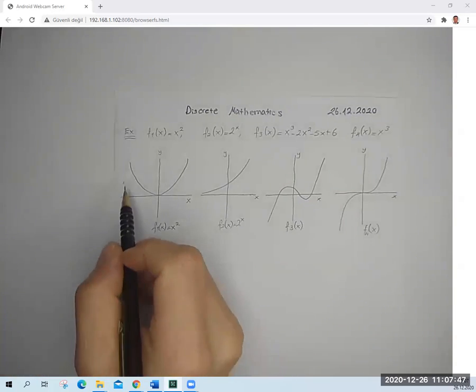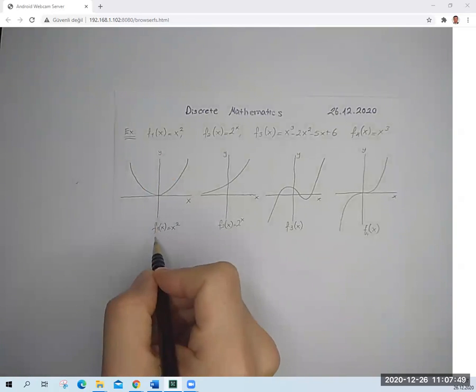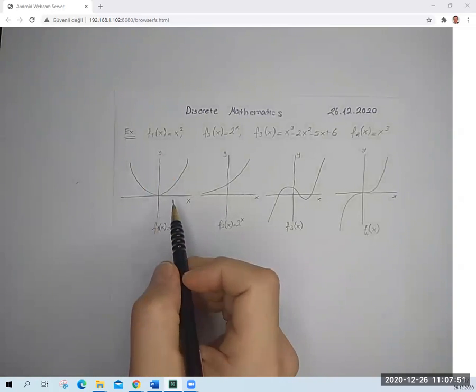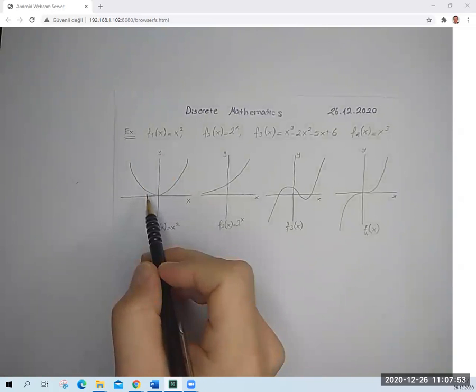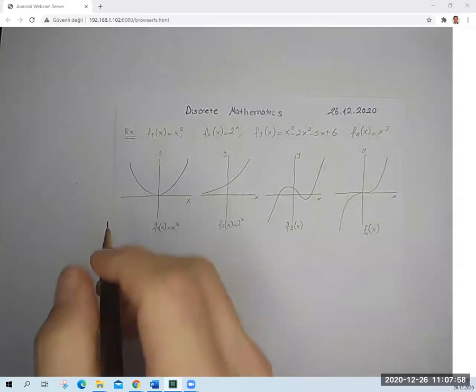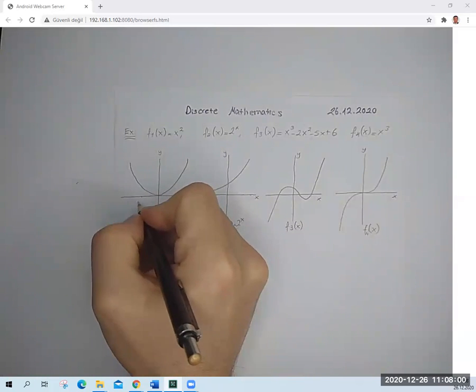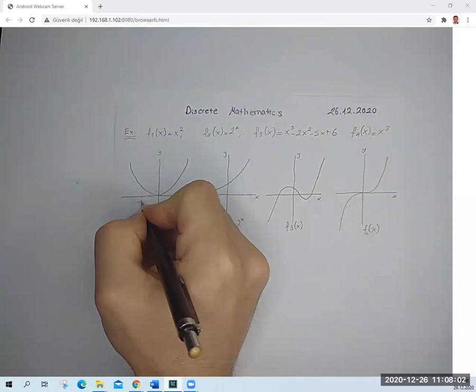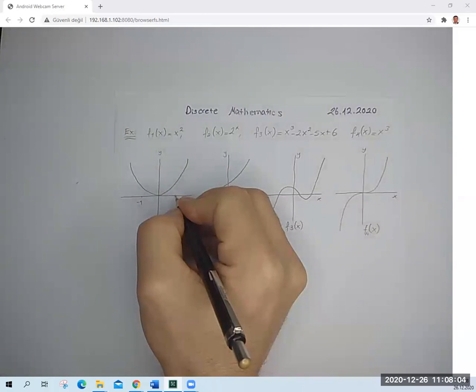So if we look at F1, you see if you put here, as an example, minus 1, and here is the 1.